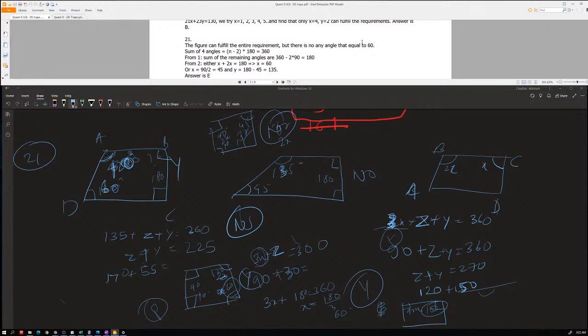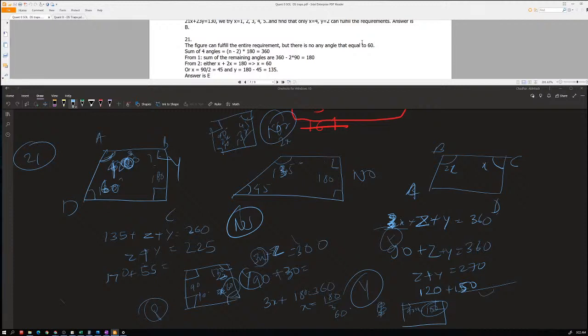Okay, the figure fulfills the entire requirement with no angle at 60 degree. Sum of the four angles is equal to (4 minus 2) into 180 degrees equals 360 degree. And from one, the sum of the remaining angles. Okay, so what they did here is sum of four angles is 360 degree. We know that a quadrilateral has 360 degrees, but this is the general equation. If you have a hexagon, then it will become (6 minus 2) into 180, that will become I think 720 degrees.